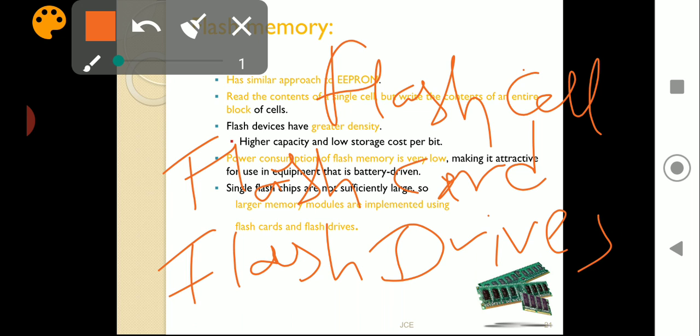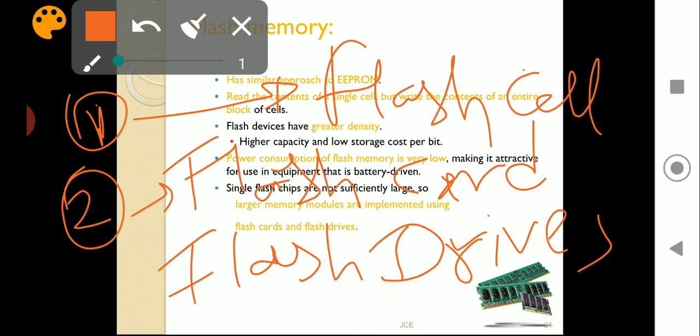Okay, friends. So these are my three variants of my flash memory. The first variant, the second variant, and the third variant. So we will be studying or dealing with this in detail again. So remember, friends, flash memory can be categorized into three types: flash cell, flash card, and flash drives.